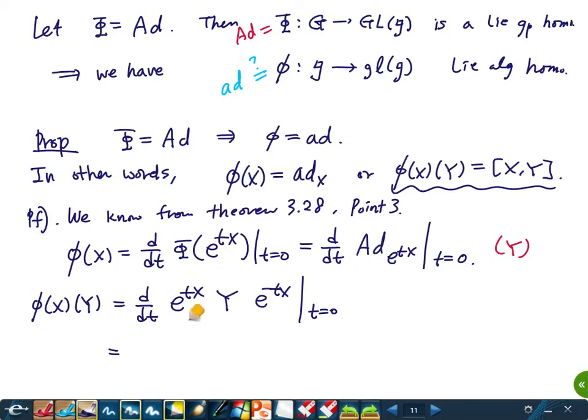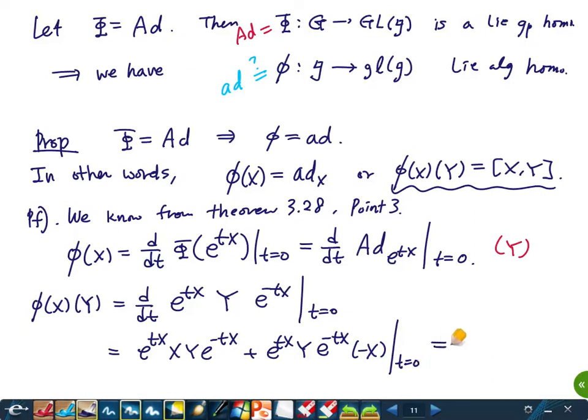So we take the derivative: e to the tx, x y, e to the minus tx, plus e to the tx, y e to the minus tx, and minus x, and then we set t equals 0 at the end. If t equals 0, this is just 1, 1, 1, 1, minus. So it's xy minus yx, which is exactly what we wanted. So yes, it is the adjoint map.